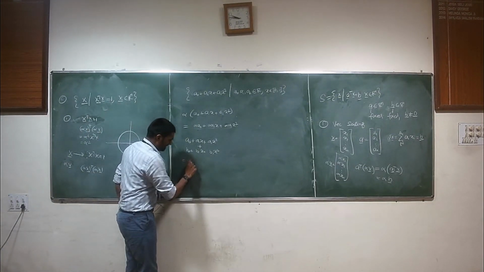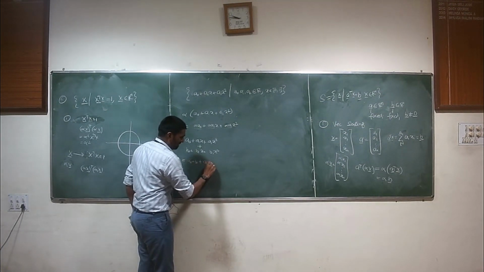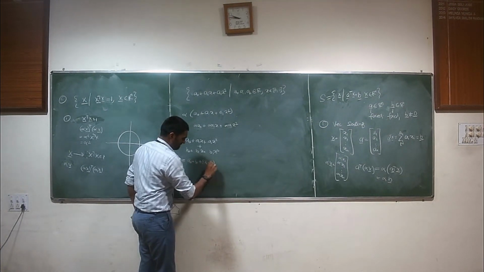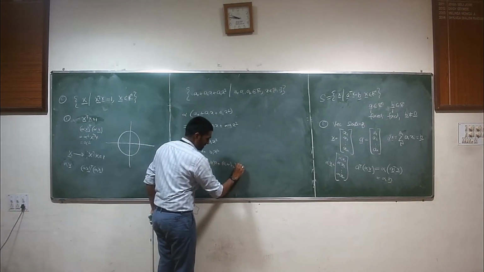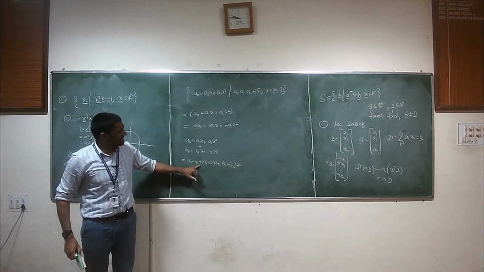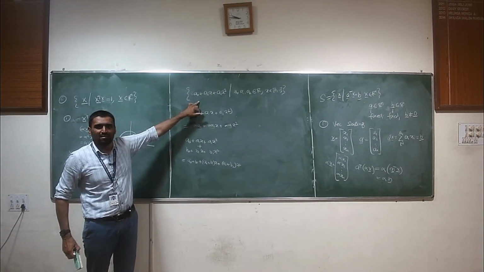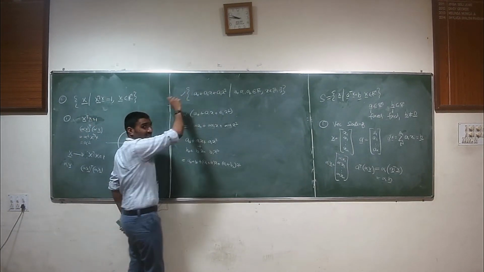I'll get (a0 plus b0) plus (a1 plus b1) x plus (a2 plus b2) x squared. Does this polynomial belong here? It does. That means this is also closed under vector addition. That means this is a vector space.